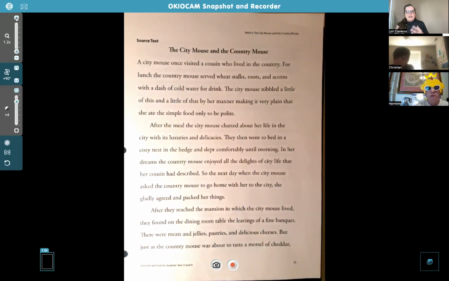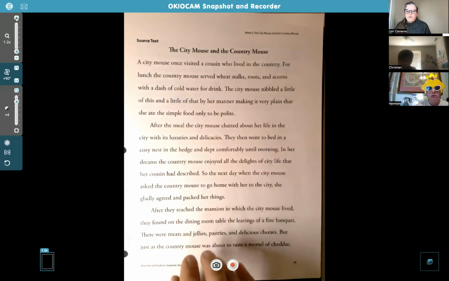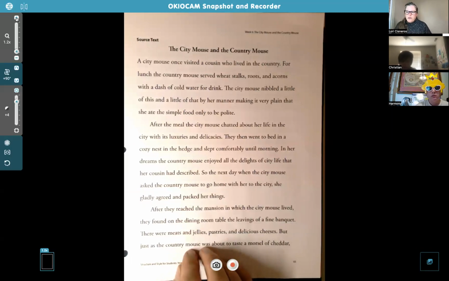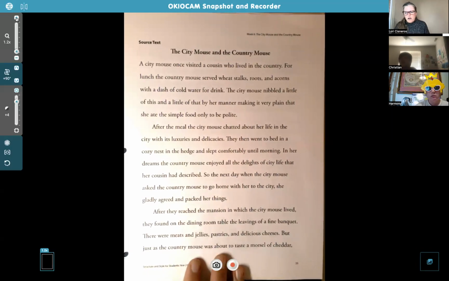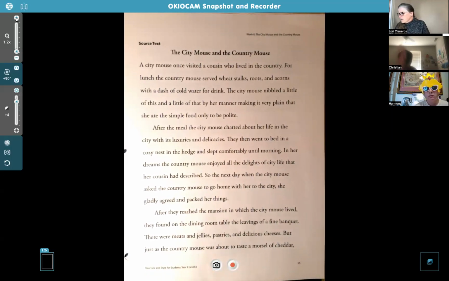And you're going to be thinking of who the characters are, where are they, what the problem is, or the conflict, remember, and then the climax and resolution. Be thinking of those parts of the story as we read it, and then we'll start filling out the story sequence chart. So I'm going to go ahead and read it. You guys just follow along on yours as I read.